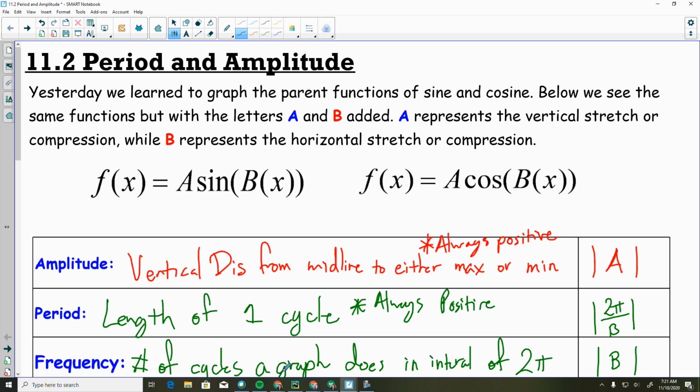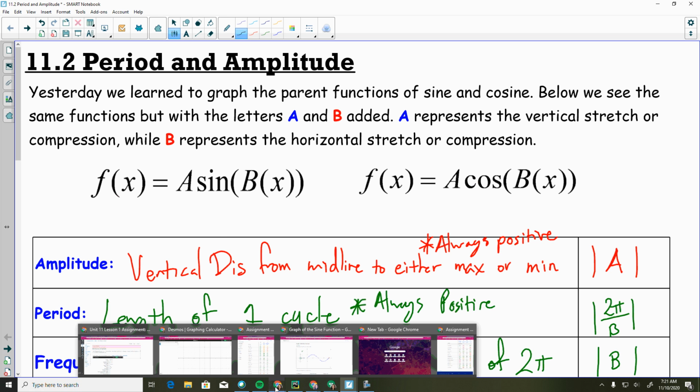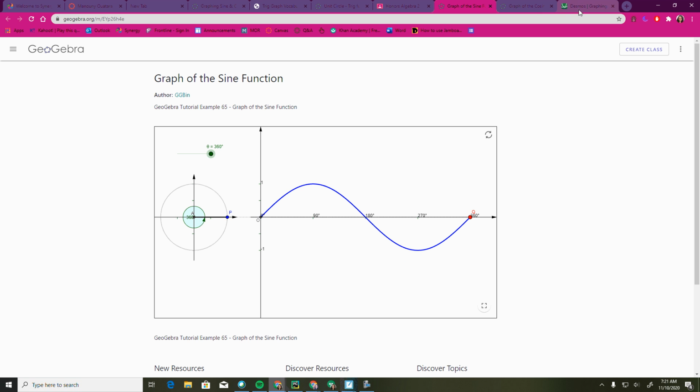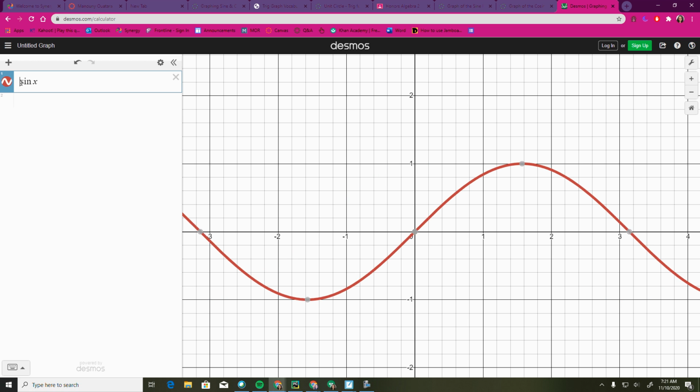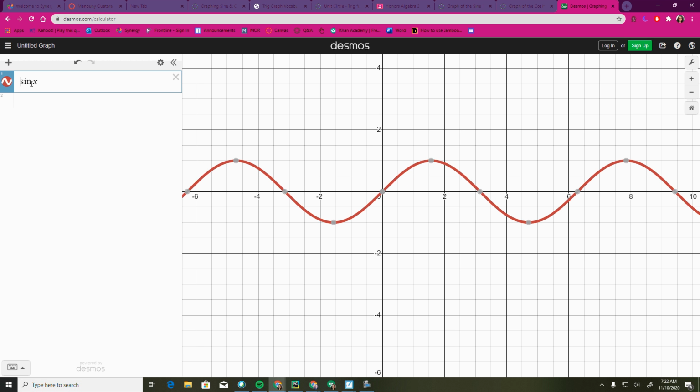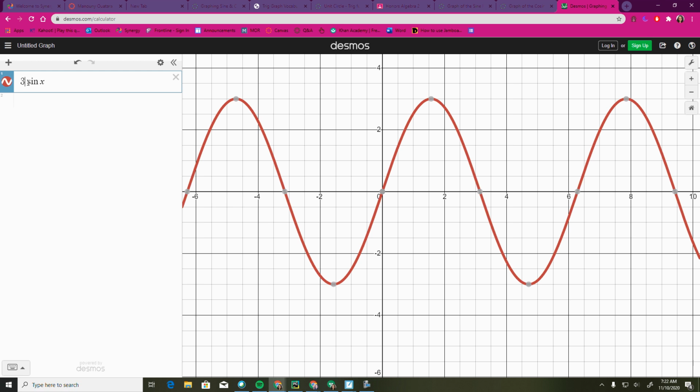It's really cool, you can experiment with these a little bit in Desmos. So let's say we go to Desmos right now, and we'll just take a look at the sine function to start. If I put a number in for A, let's say I put in the number 3, what happens?